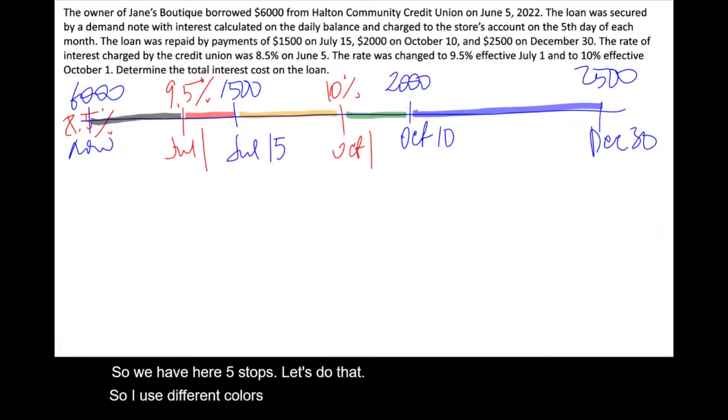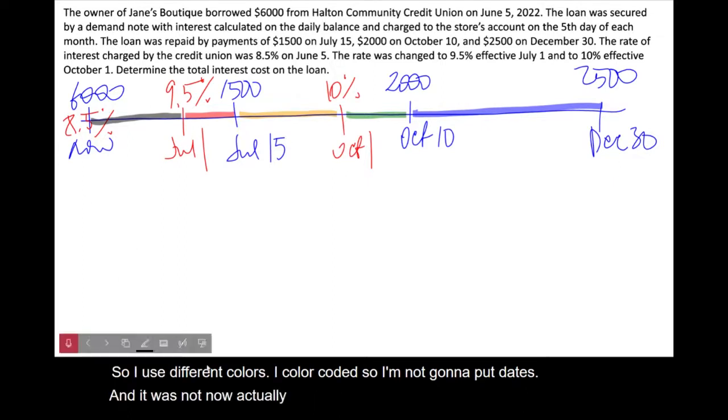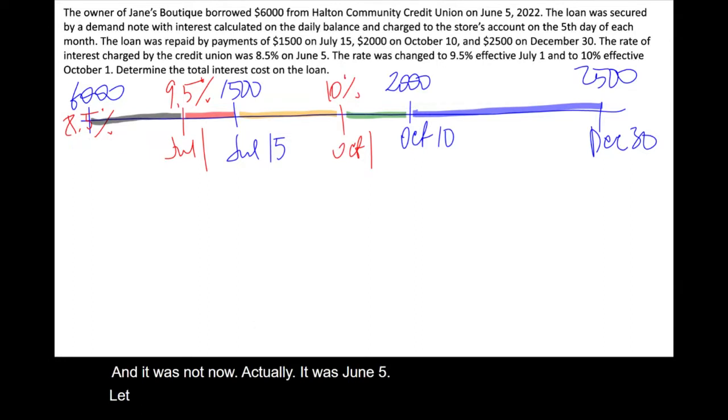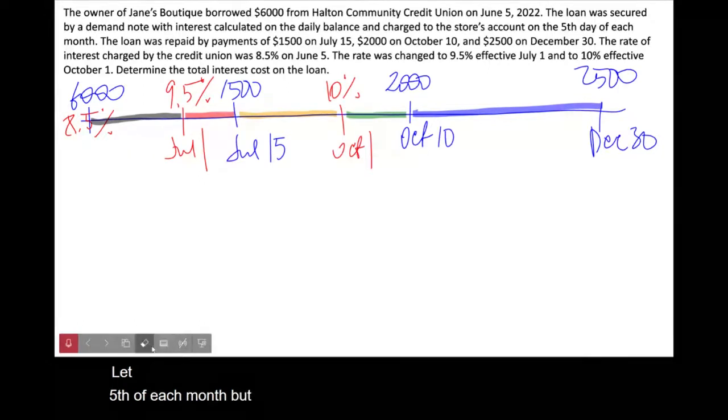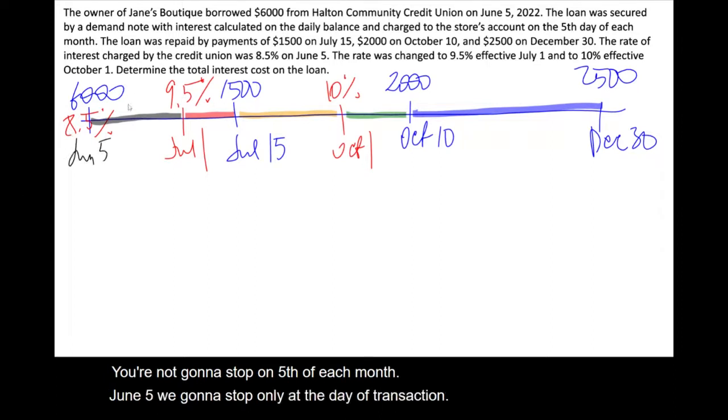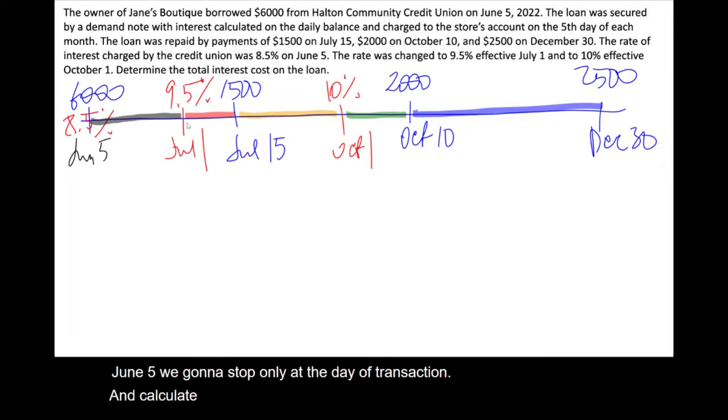I color coded, so I'm not going to put dates. It was June 5. Isn't it on the 5th of each month? Yes, but you're not going to stop on the 5th of each month. You only stop at the day of a transaction and calculate interest.